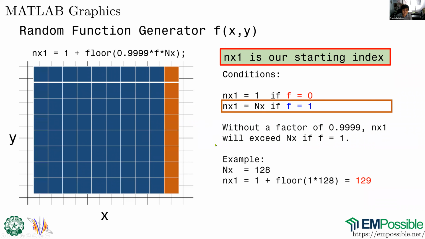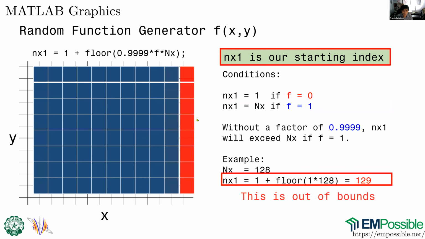Then if your NX1 is equal to NX, it means that you give the last column, F is equal to 1. But you can see there's a weird factor 0.9999 here. What does it mean?